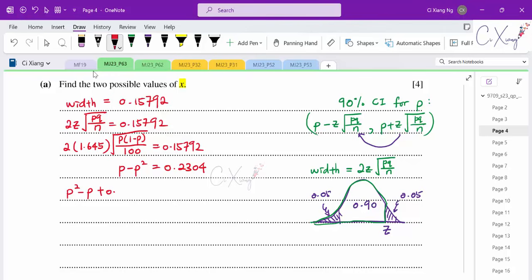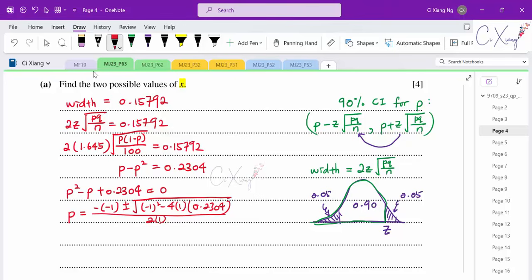From here, I can observe that I get a quadratic equation in terms of P. To find the value of P, of course, you can use the help of a calculator, or maybe you can use the formula. So I'm using the formula where I should have negative B plus minus square root of B squared minus 4AC, A is 1, C is 0.2304, and then divided by 2A.